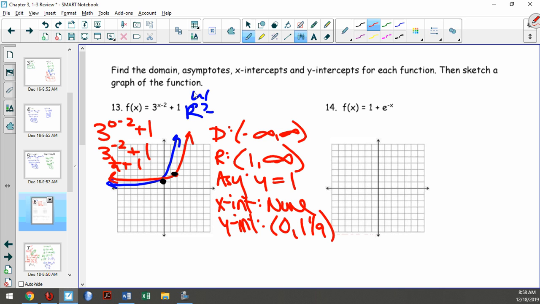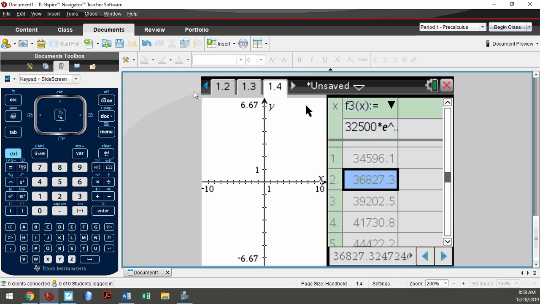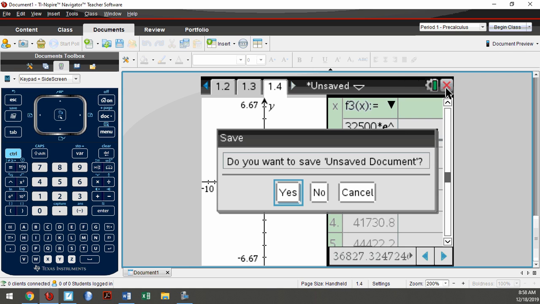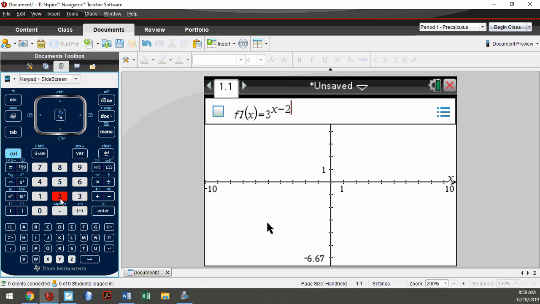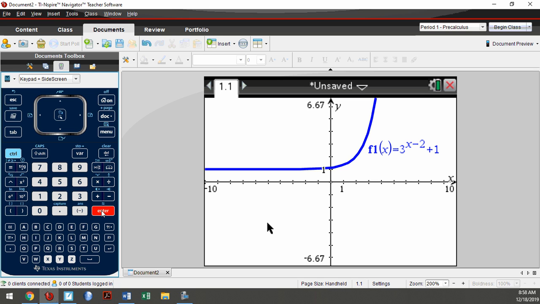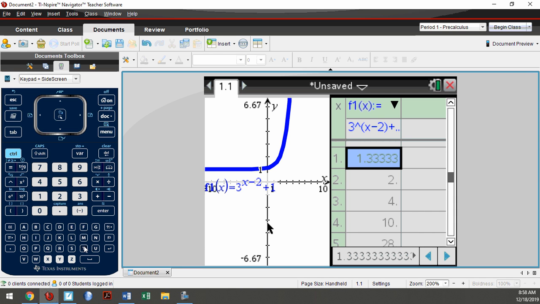Okay. So all you have to do then is pull up your graphing calculator, and you want a graphs page. You're going to graph 3 to the x minus 2, plus 1. There's your function. If I go ahead and hit Control T, could I now pull up several different x values that are easy for me to graph?